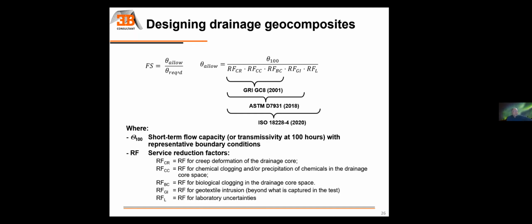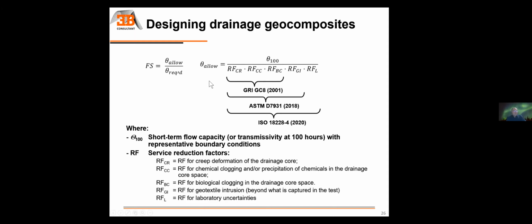So the first one is the reduction factor for creep deformation. Any polymeric material will creep eventually under load, and so there is one reduction factor for it. Then there is a reduction factor for chemical clogging, for biological clogging, another one for geotextile intrusion, and the last one for laboratory uncertainties. You see that the first 3 reduction factors were defined since the early 2000s by Geosynthetic Institute.